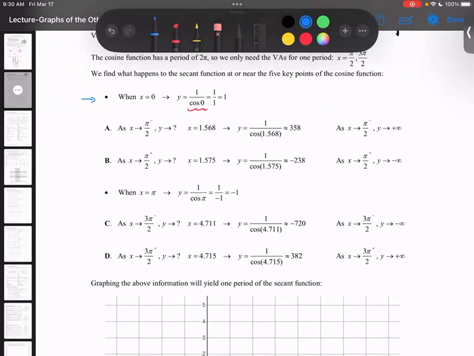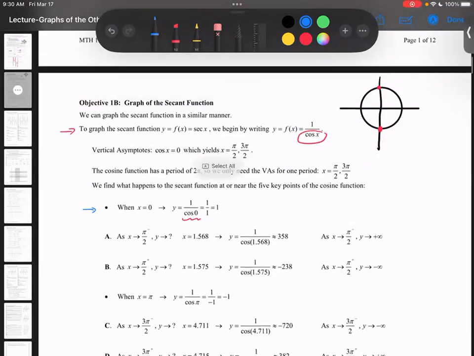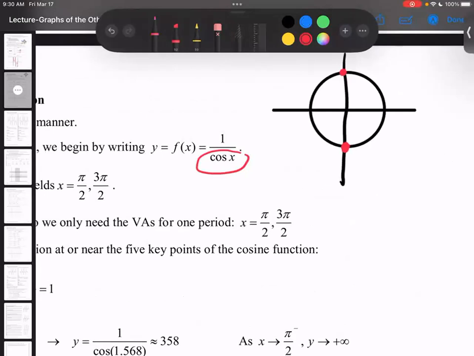Say it again. Cosine of 0 is 1. You look at the unit circle. Here's 0. What is the length here? 1. Right? Cosine corresponds to the x-axis, just like you know that sine of pi half is 1, the side corresponding to y.